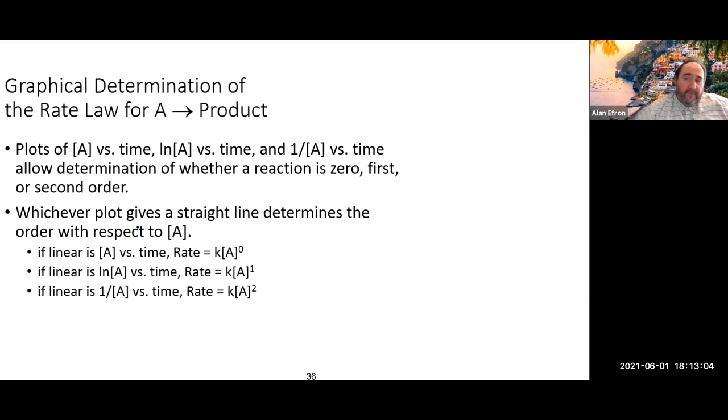So if you weren't sure what order it was, you literally would just graph the information as the natural log of A versus time. You would graph 1 over A versus time, and you would graph A versus time.